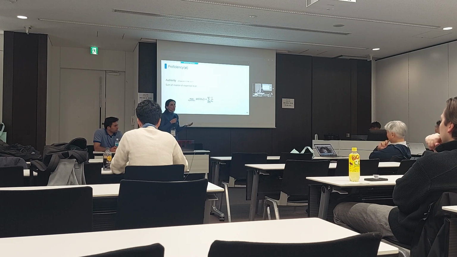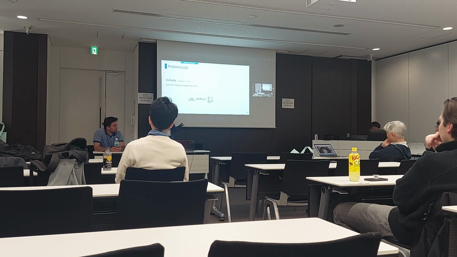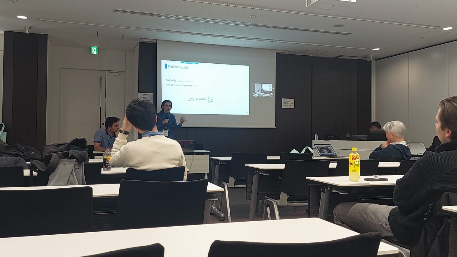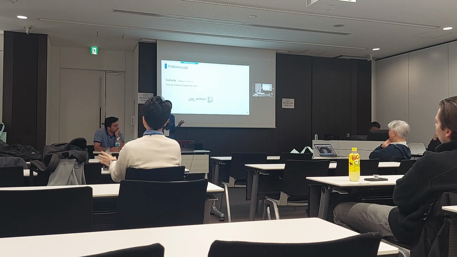And also the proficiency is named by other names, for example, the authority. And in general, the proficiency is desired to be maximized. A team or a subgraph with maximum proficiency is desired.